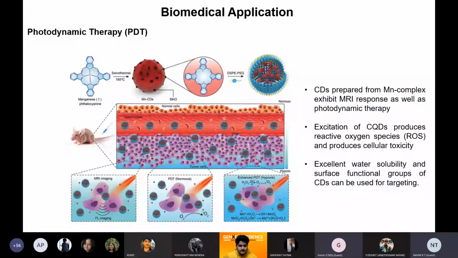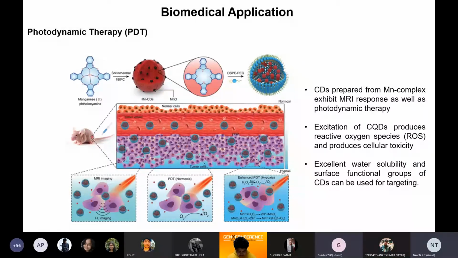Another effect that people have cleverly utilized is that they produced carbon dots doped with manganese ions. So they used a manganese phthalocyanine. It is a photosensitizer molecule. Photosensitizer means it gets activated or excited by light, and in response it produces reactive oxygen species.